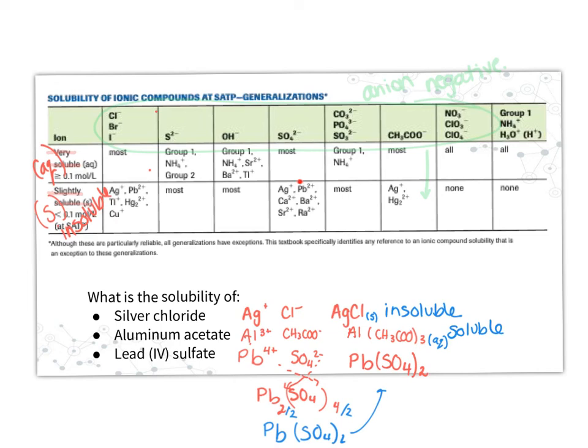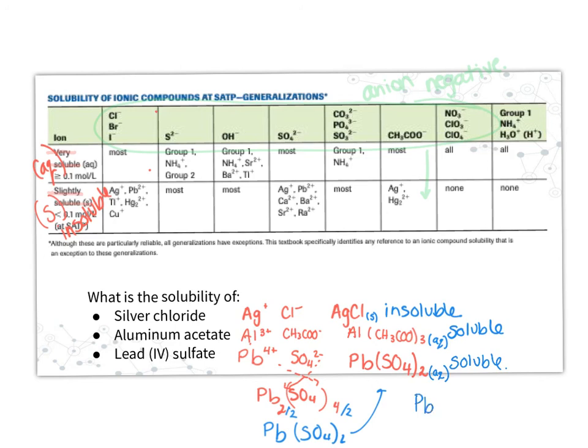Now, lots of us see lead and we think it's insoluble. However, lead has multiple charges. Different charges can have different solubilities. So, because this says Pb2+ is insoluble, but I have Pb4+, Pb4+ is included in our most. Therefore, lead 4 sulfate is soluble. If lead 4 sulfate was put in water, its state would be aqueous.